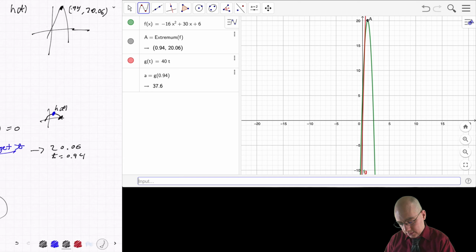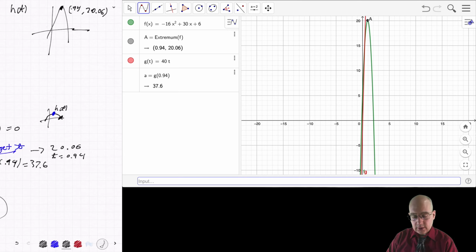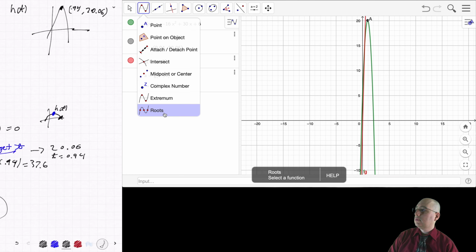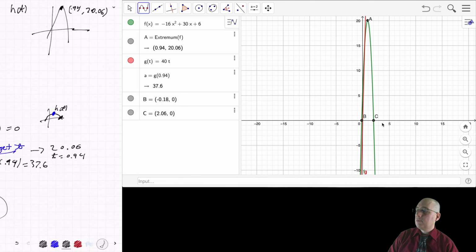So this thing is k of 0.94, which is equal to 37.6. Okay, good. All right, so that was the height. Then there's the roots, where it intersects. So this is when it hits the ground, right?